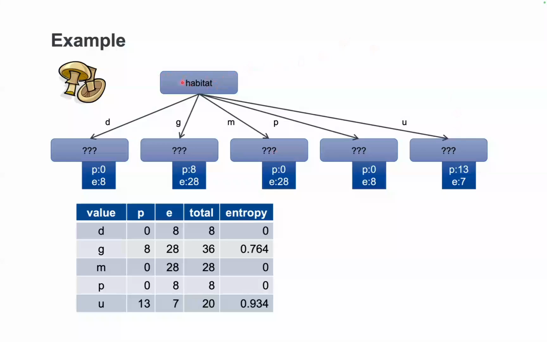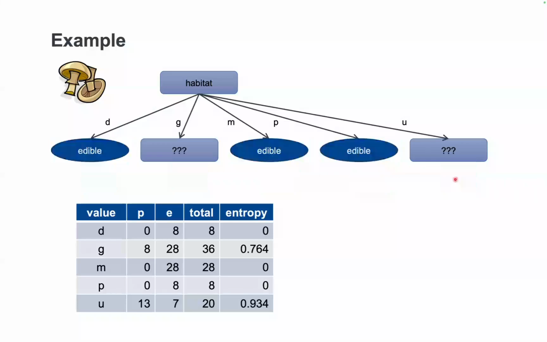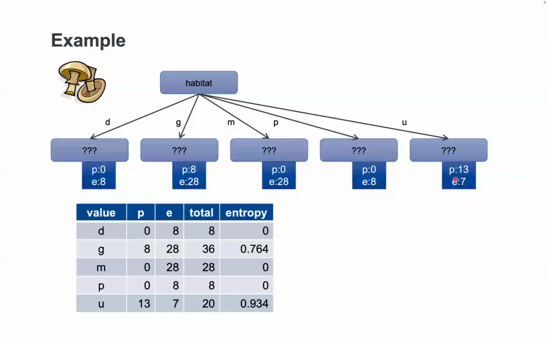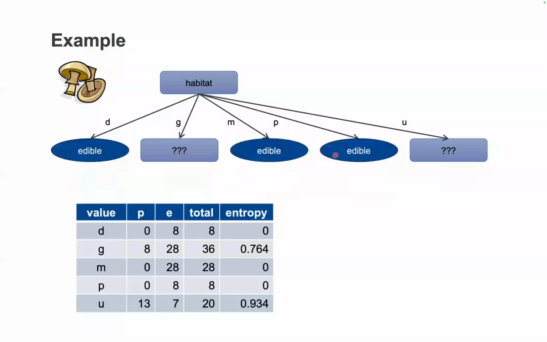I label this node habitat. I have outgoing edges for all of the 5 different values. And I end up with certain numbers for how many poisonous and edible mushrooms I have in each of the 5 different child nodes. Now, when I apply my grow tree procedure iteratively, I determine that there is no entropy here, no entropy here, no entropy here, so I can label them, and they are all labeled as edible.